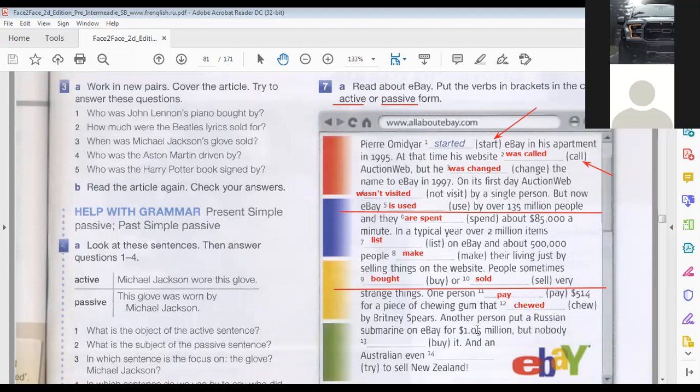Another person bought a Russian submarine on eBay for 1 million. Yes, 1 million. 1.5 million, but nobody bought it.